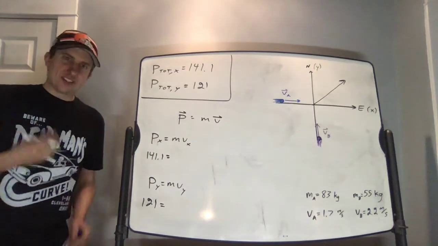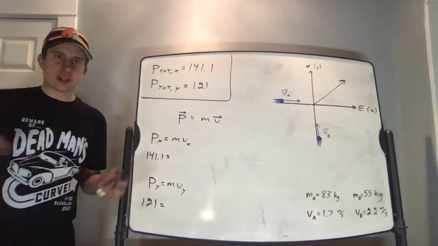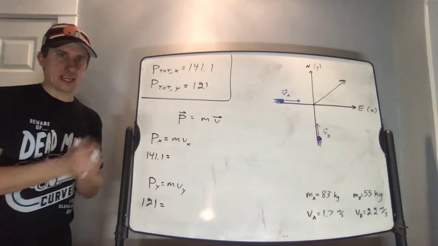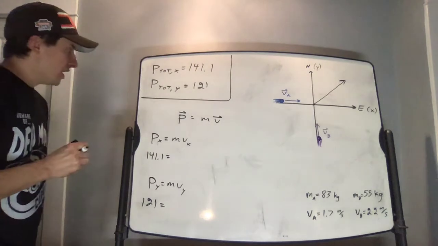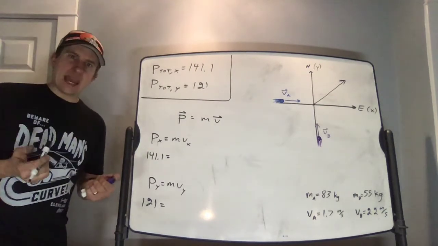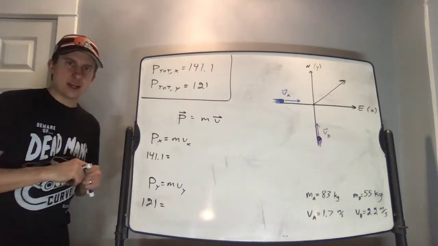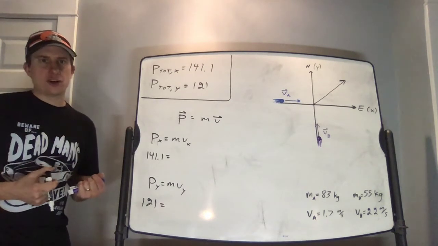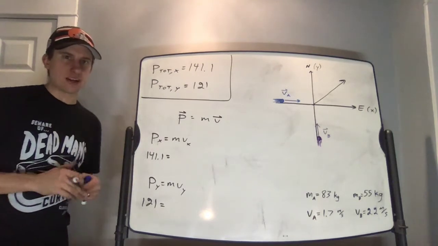Let's think about what else is going on in this problem. Because both skaters cling to each other and move off together, we know they're going to have the same final velocity. So I could think of them as two separate objects with the same final velocity, or if I want, I could think of them as one bigger object with a single final velocity.